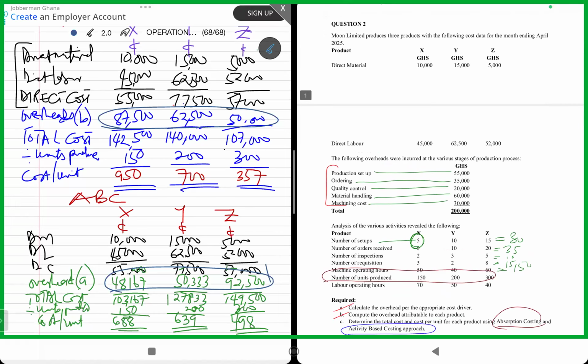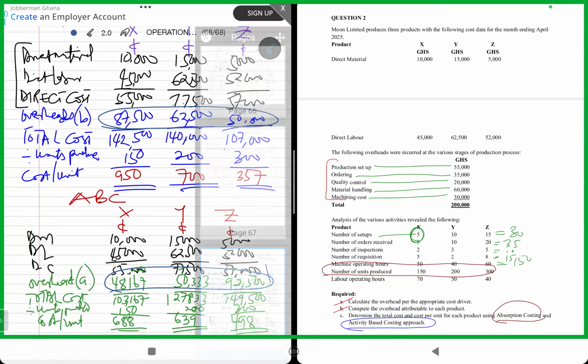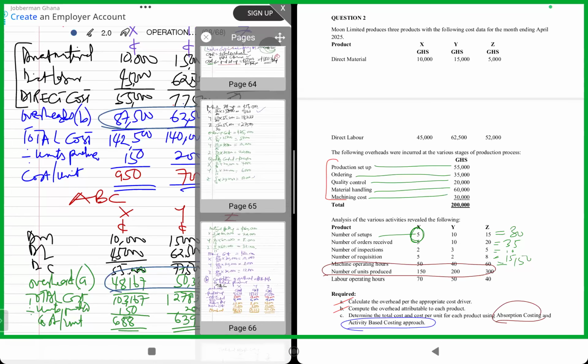Manuel, please, where we did the total absorption overhead for XYZ, that is part of additional workings. Where we did the 1,250 times 70, the 50, and the 40.